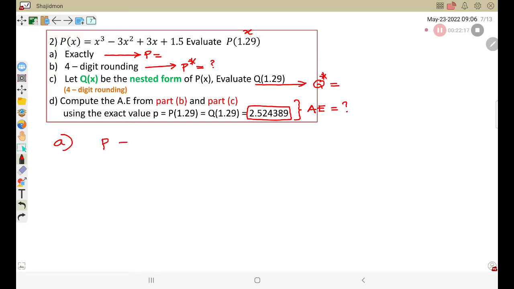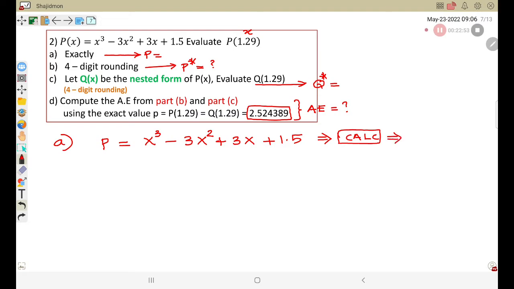Exactly, the P value we need to calculate. Correct. As I told you, first enter the polynomial in your calculator. X power 3, how are you entering? Alpha button, then x power 3 minus 3 alpha x power 2 plus 3 alpha x plus 1.5. Enter this polynomial first in the calculator. After that, what do we need to do? Use the calc button, the calculation button.